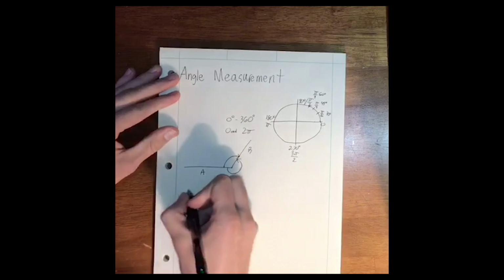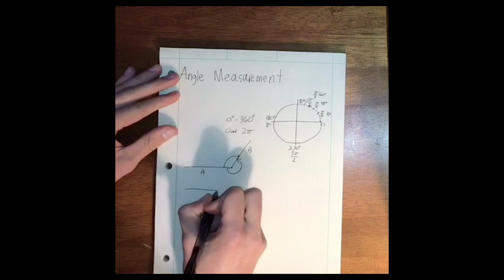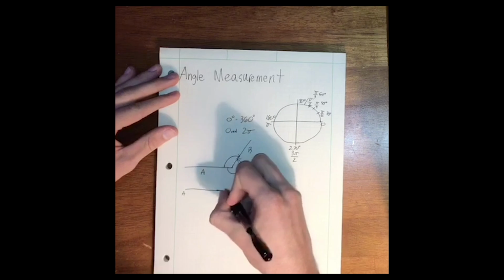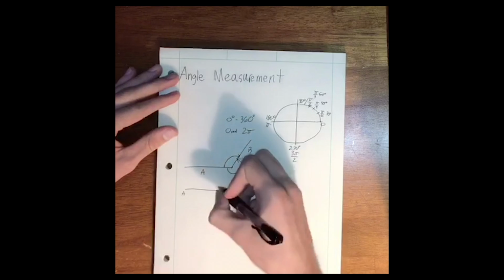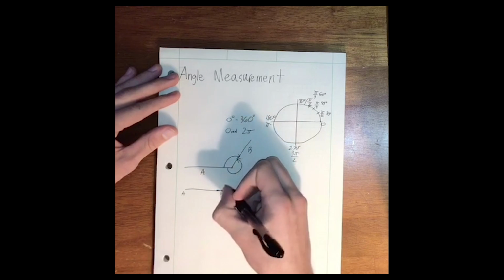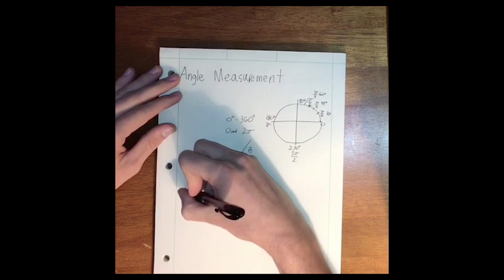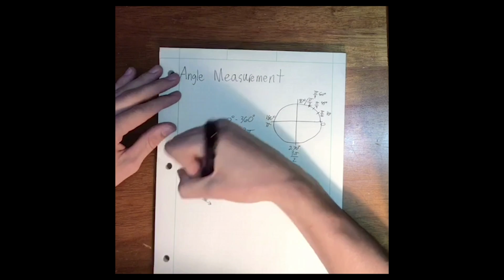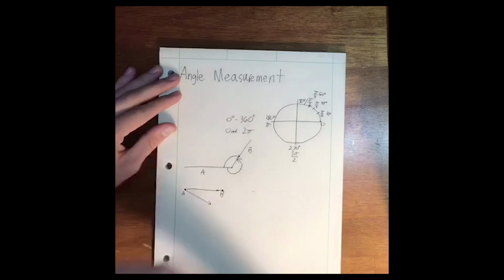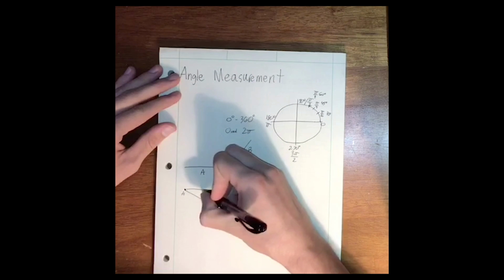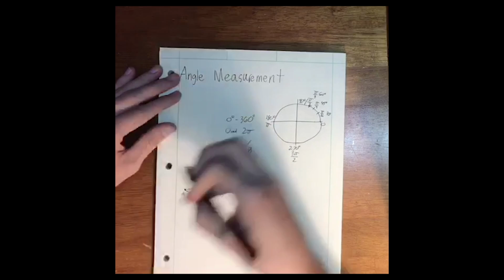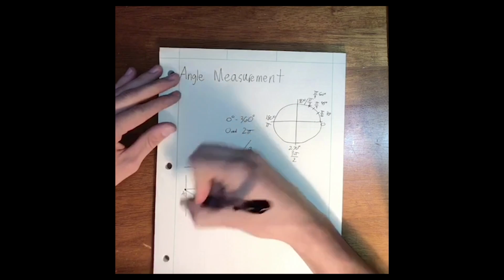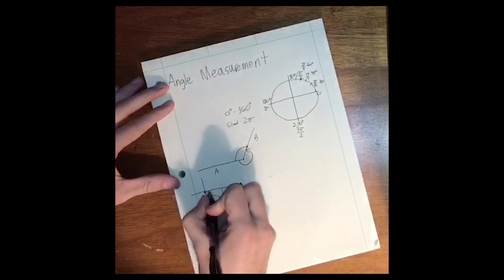So, for instance, if you have your first ray, or line segment, and then it goes like that, that angle could be negative if we have our XY plane.